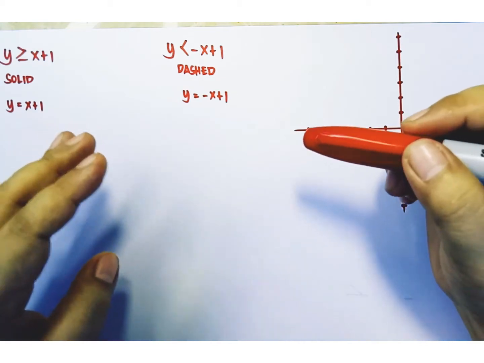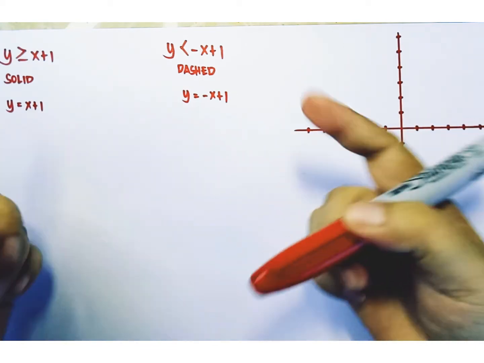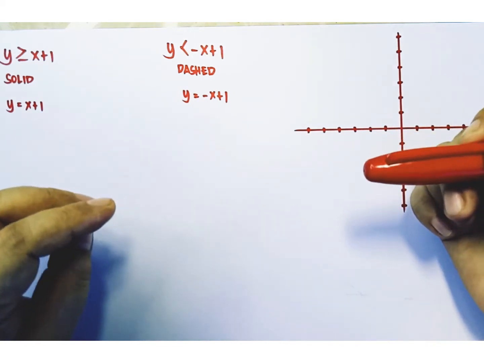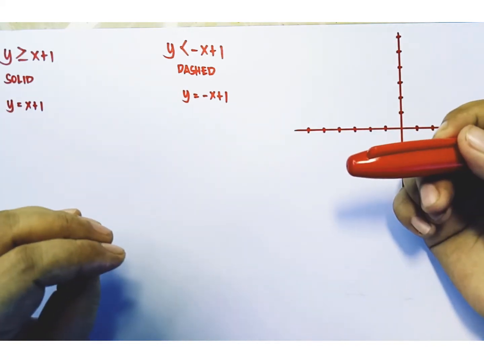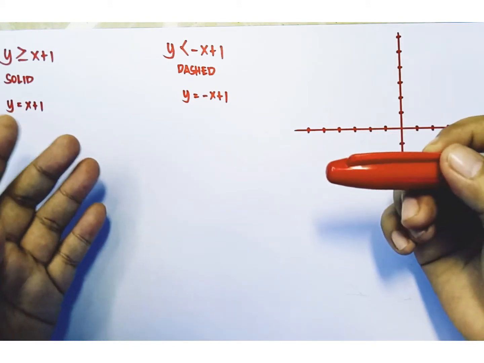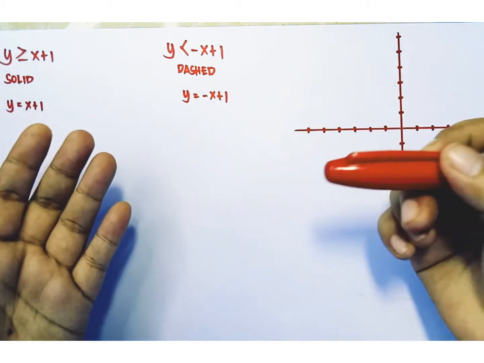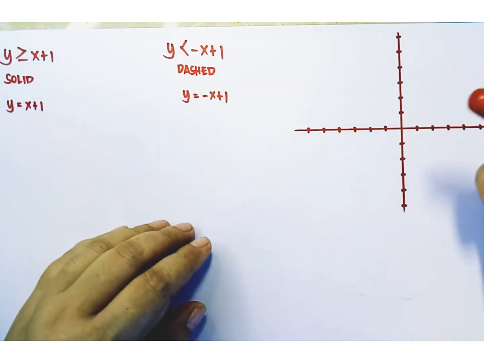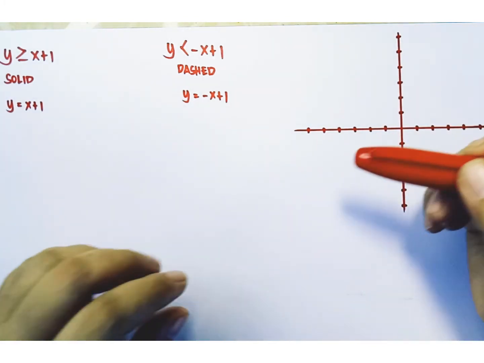There are actually three ways on how to graph a linear equation. One way is by finding 2 points, by assuming any x values and solving for the corresponding y values, plot those points and draw a line passing through the 2 points.